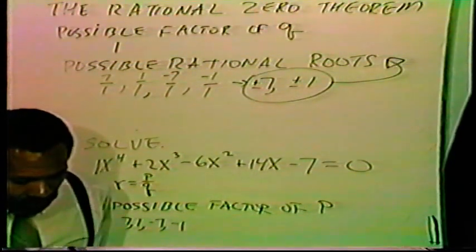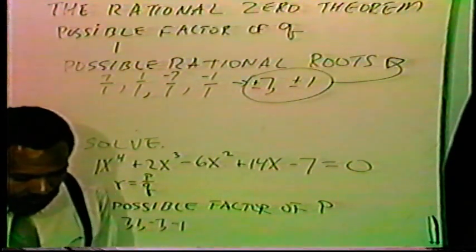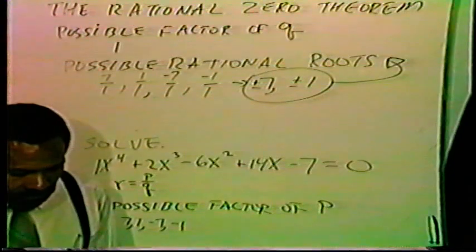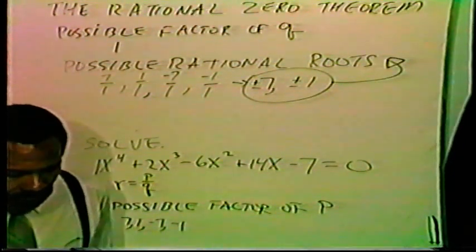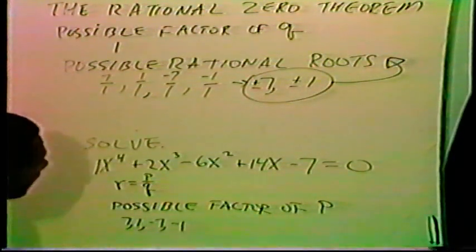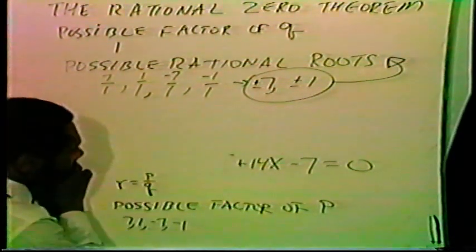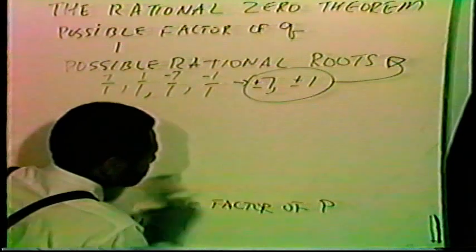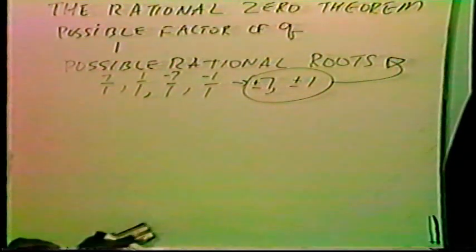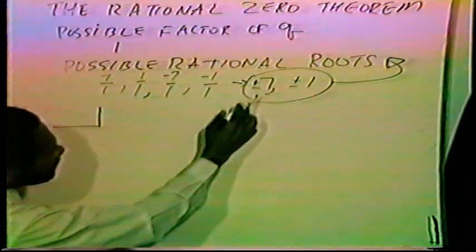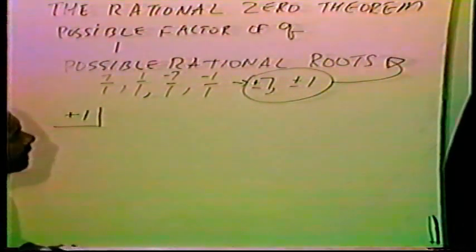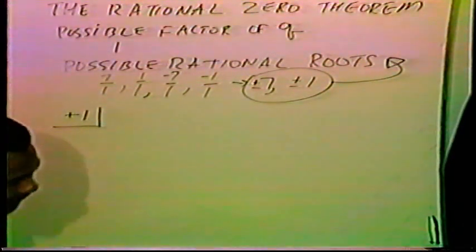So now we just have to use synthetic division and determine which of these possible rational roots really are rational roots. Now, for synthetic division, when we set up the synthetic division problem, the rational roots would go out here. First we'll try positive 1.